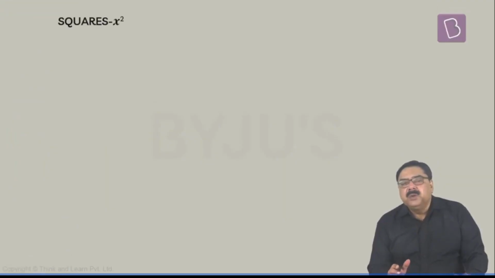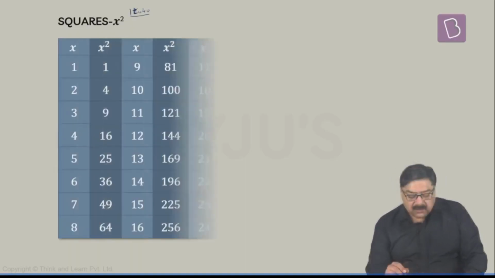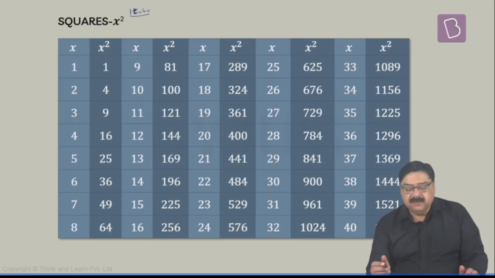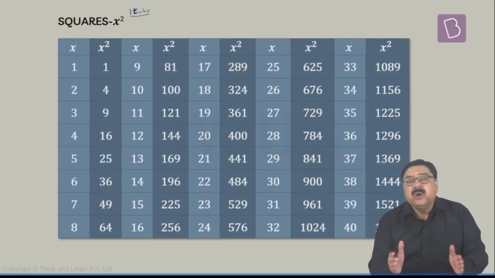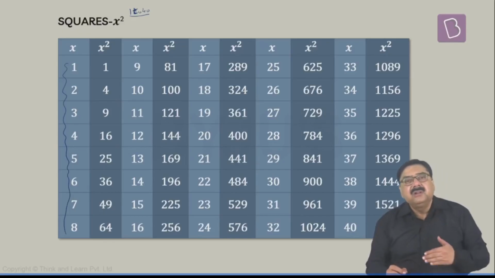Now, it's important for you to memorize squares from 1 to 40. Most of these you already remember. And this is a table to give you the ease of having squares in one place. 1 is 1, 2 is 4, 3 is 9, 4 is 16, and so on.